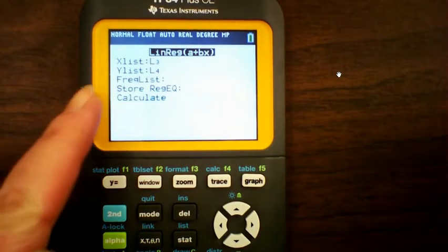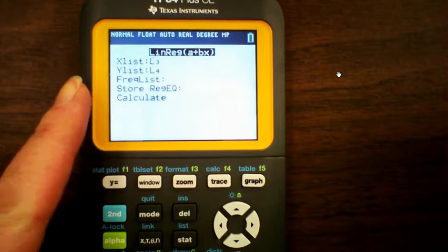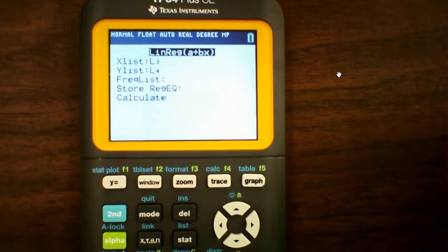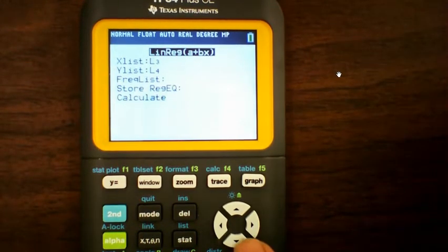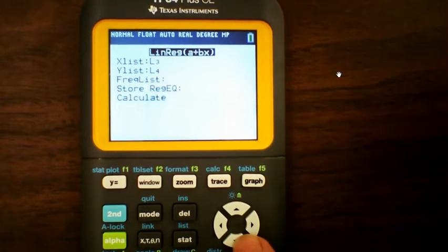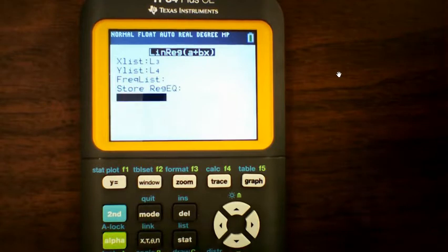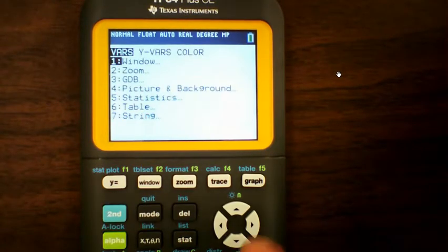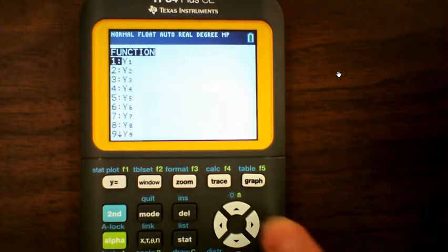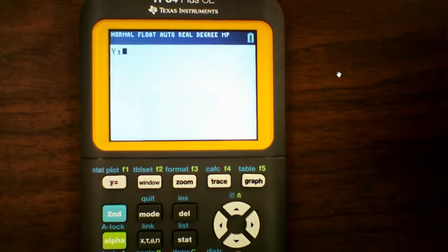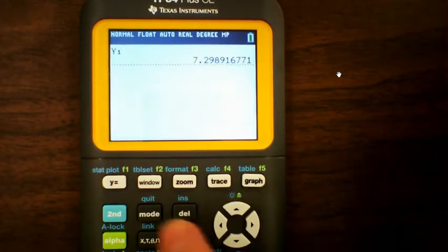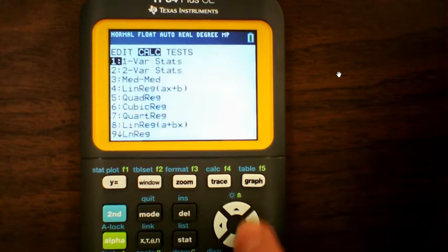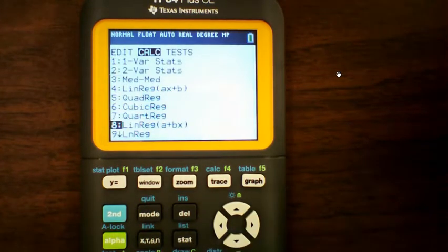I'm doing that with my natural log of x in L3 and the natural log of y in L4, and I'll store the equation in vars, y vars, function, y1. Oops, I think I didn't do that right, so let me do that again.